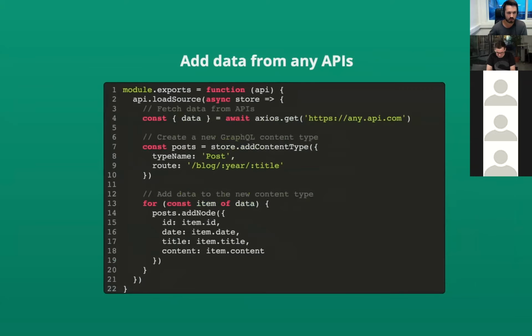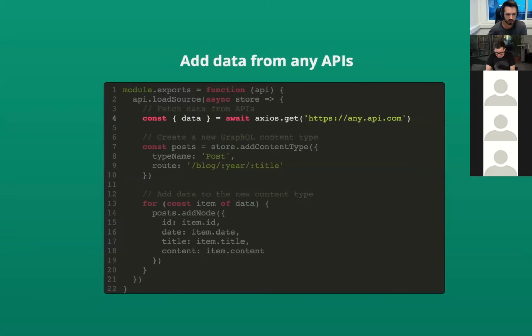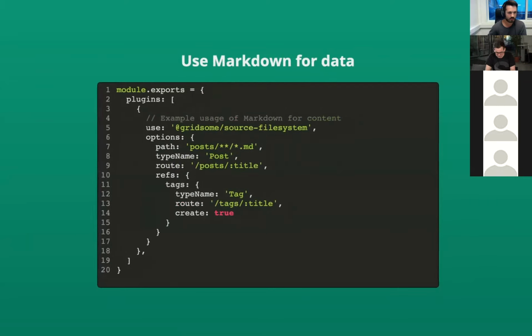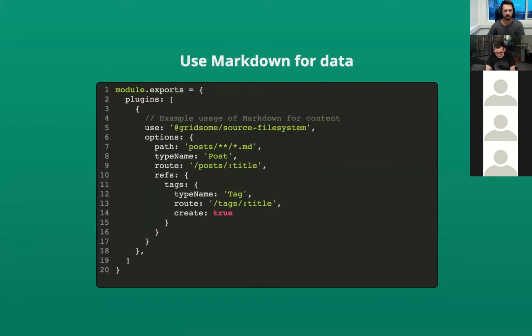Yeah, and you can pull that data from any API with the data store API. And you can also use Markdown for data. So all you do is just install a plugin.